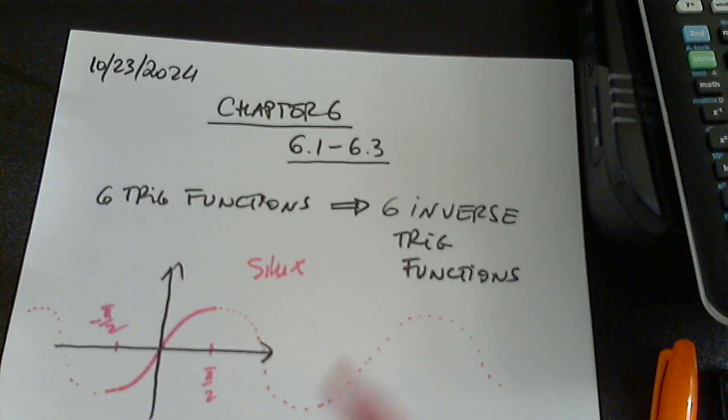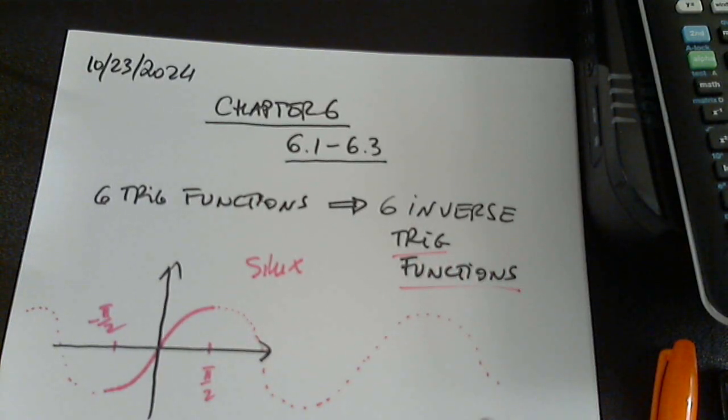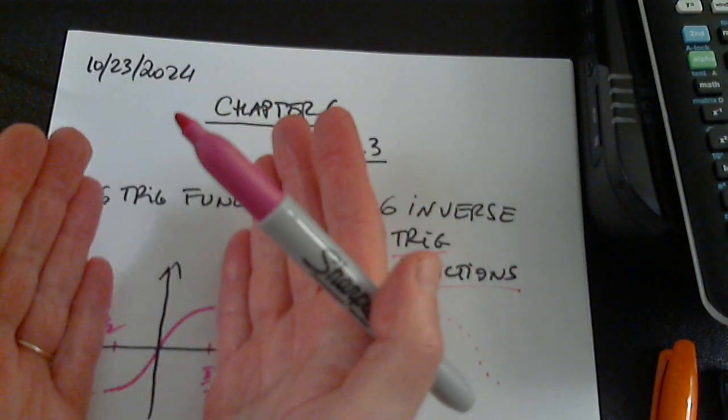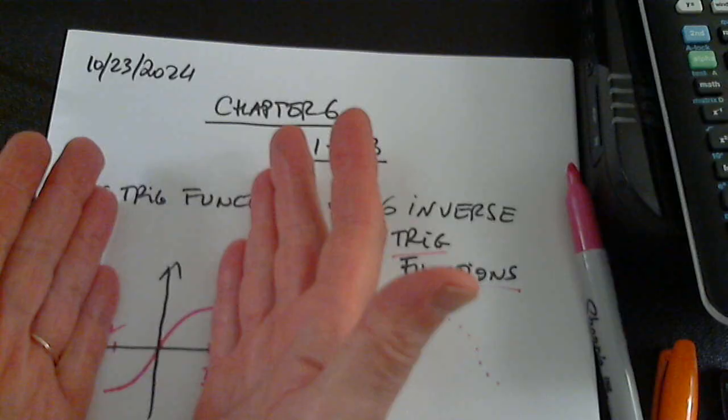And you will say, what are you talking about? There is no trig function for something like this, because by the horizontal line test, this is not one-to-one. But as I mentioned a few minutes ago, we truncate the domain.